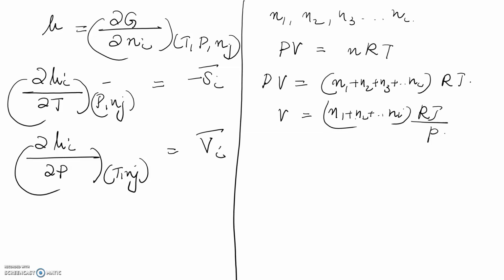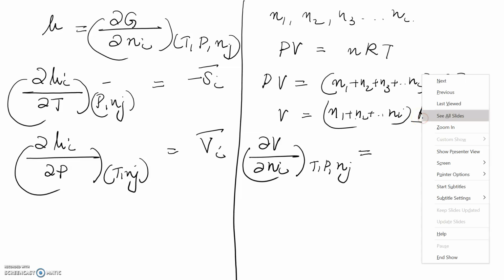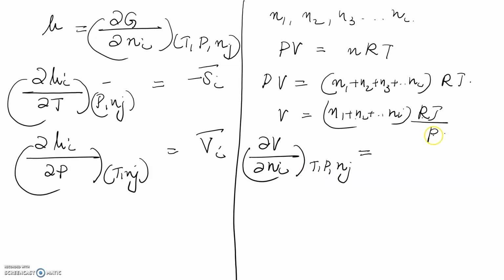Differentiating this with respect to Ni, keeping T, P and the composition of other components constant, we can write dou V by dou Ni at constant temperature, pressure, and the other components Nj is equal to, differentiate this equation. We have R, the universal gas constant, which is a constant. T is kept constant. P is also kept constant.